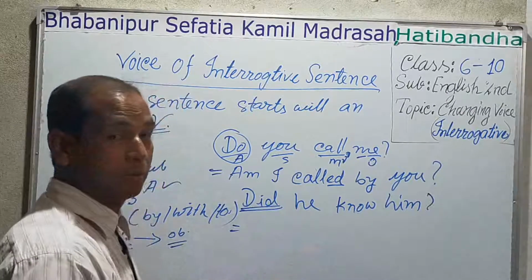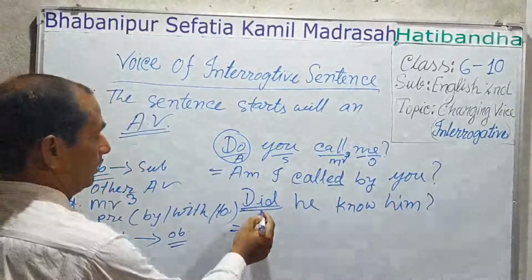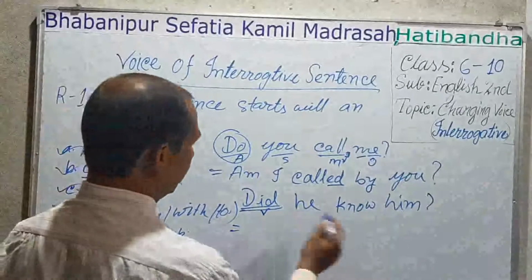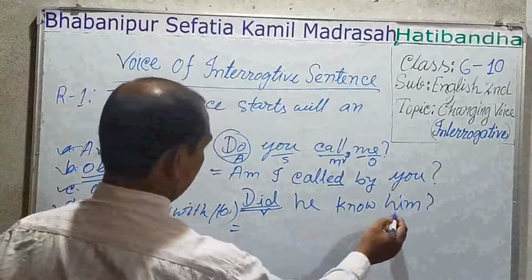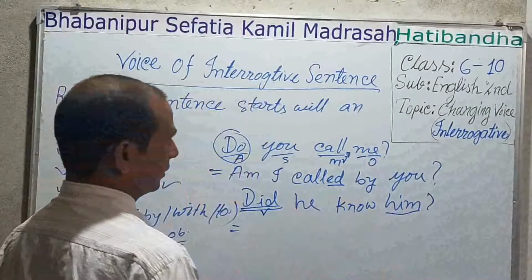We can find it past indefinite with the sign did. So according to our rule, the object is him and the subject is he.